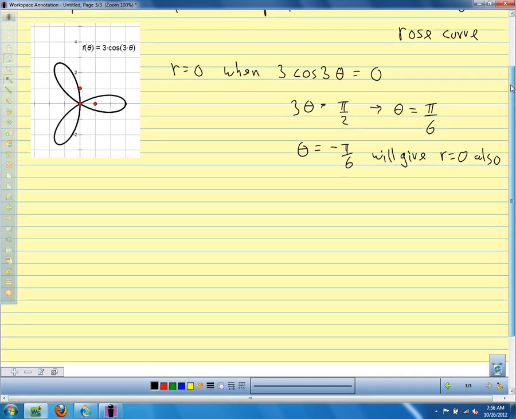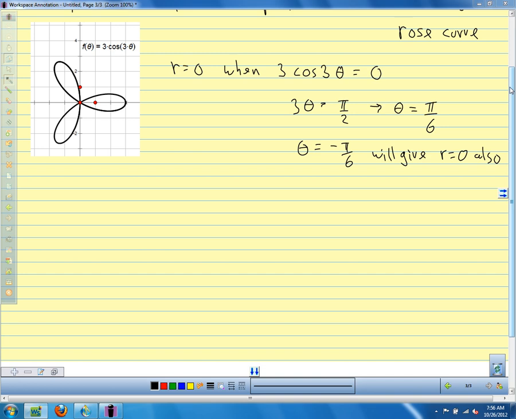And this is a nice one because it leads to a trig identity that is a good one to start working on memorizing because it comes up a lot in integrals of trig functions. So our area of this petal is going to be 1/2 the integral from minus pi over 6 to pi over 6 of our radius, 3 cosine 3 theta, squared d theta.